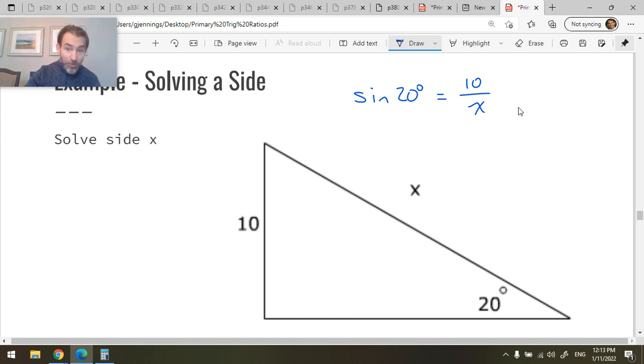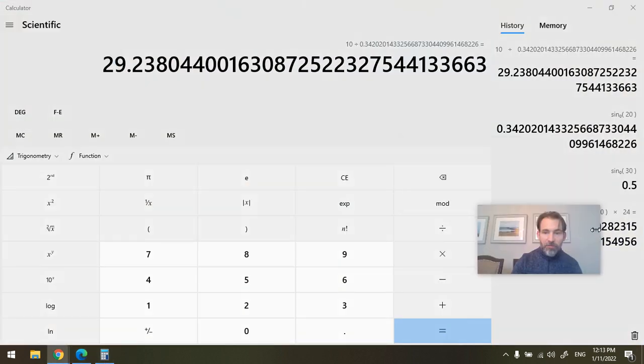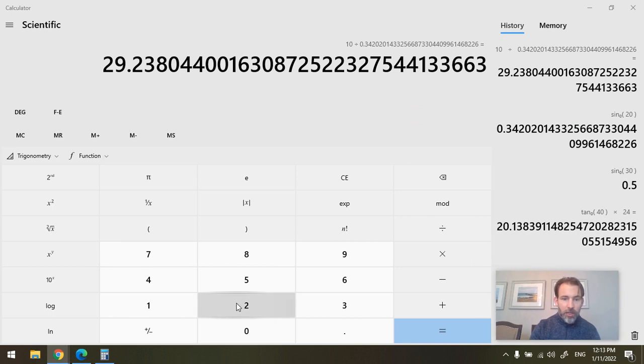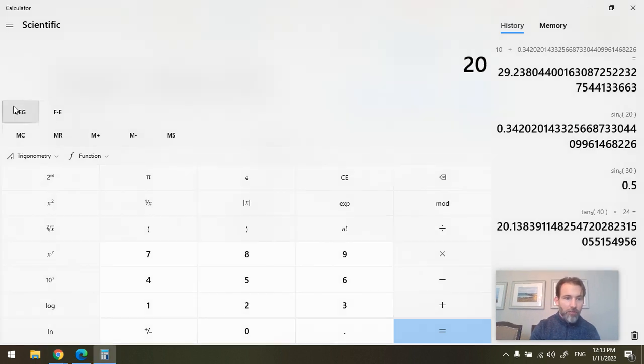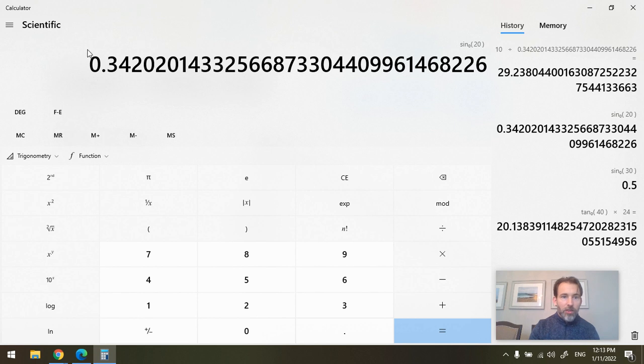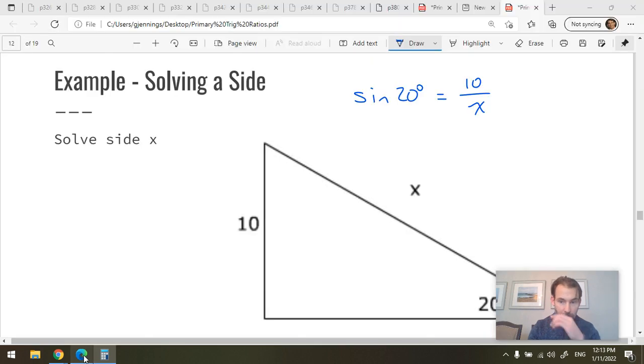Now, the problem, Johnny, is that I have my unknown on the bottom, so it's trickier to solve. If we recall the sine of 20, I write 20, and then I take the sine of that. It's 0.3420. Okay, so let's take that number. 3420. That's a pretty accurate approximation of sine 20.